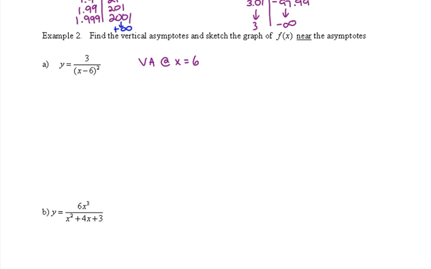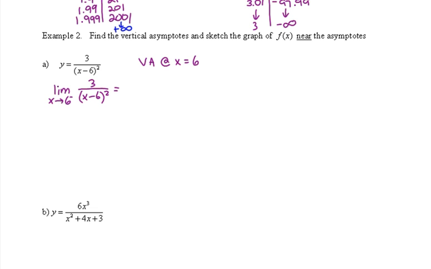Okay, so how do we write this? This is how we write it. The limit as x approaches 6 from, which one do you want to do first? Knock yourself out. Left? Okay. And you could either write f of x, if you like, or you can write 3 over x minus 6 squared.